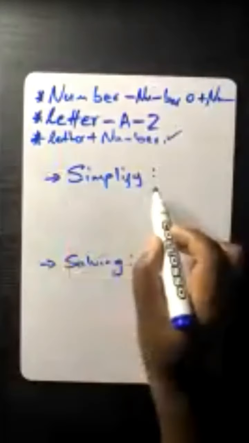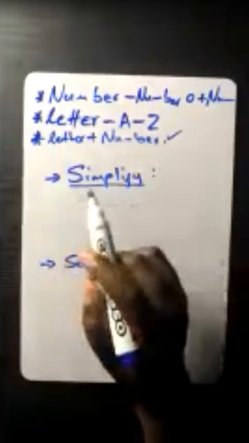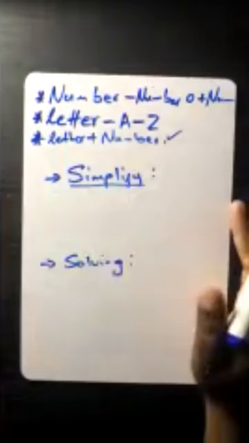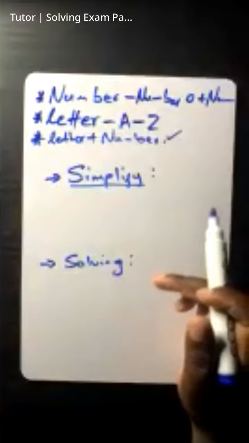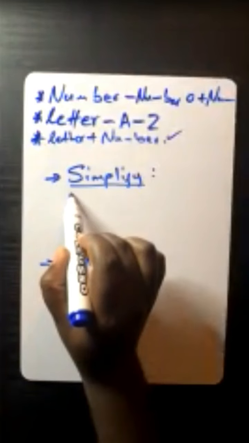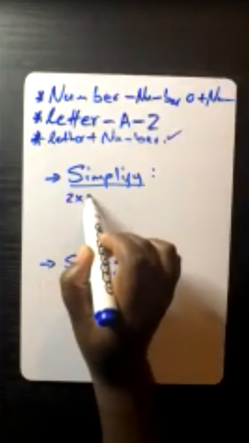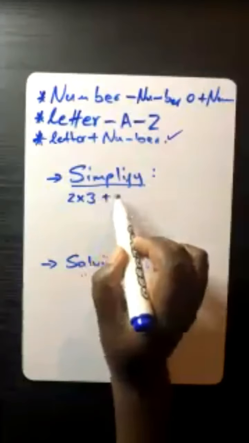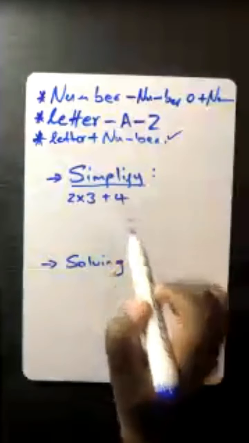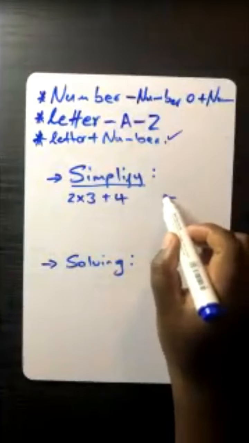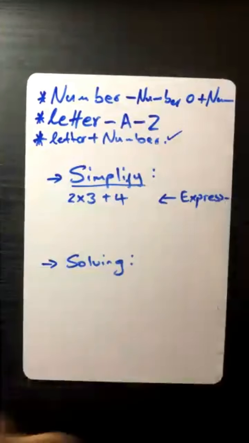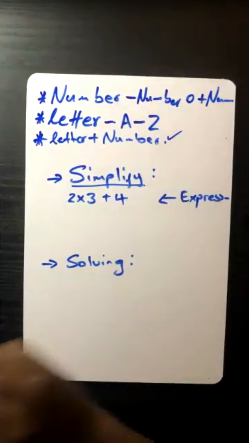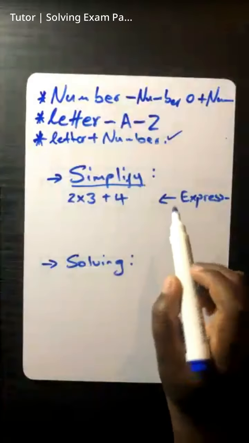When you simplify, it's like you are given either a long or a complicated expression which you must simplify and write in its simplest form. For example, let's say 2 times 3 plus, let's say, 4. This is what we call an expression. How do you see an expression, Shreyas? An expression is a mathematical problem which does not have an equal sign.